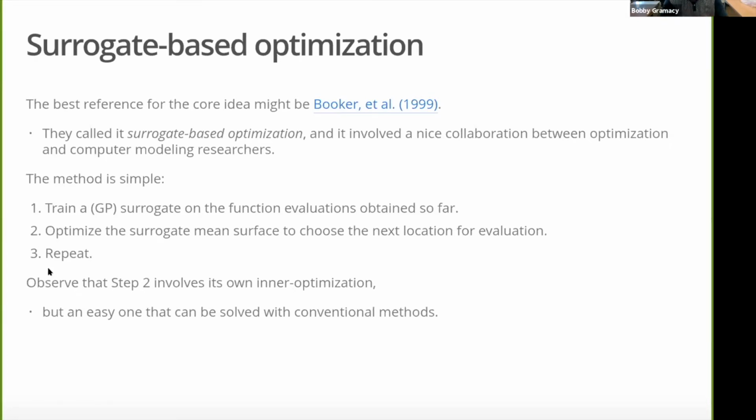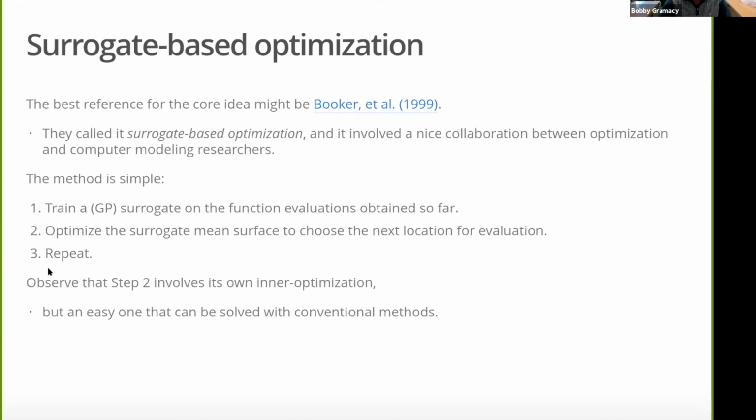All right, so here's the algorithm, a three-step algorithm in a for loop. Here's the idea. You train your model, a Gaussian process surrogate, on the example evaluations of your function that you've obtained so far. Just like what we did in the first hour and a half, you collect some data and you build a model fit for that data. And now your goal is to optimize the function, to find its minimum, say.